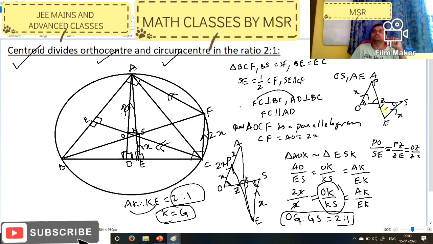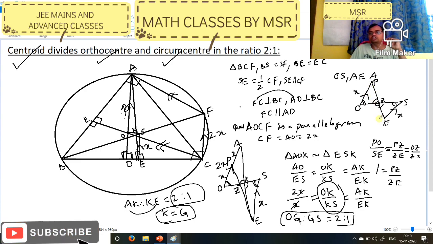These two triangles are similar. I am writing the ratio of the corresponding sides. PO length is x, SE length also x. So x by x is 1. That means PZ by ZE equals 1. That means Z is the midpoint of PE. Z is the midpoint of PE.